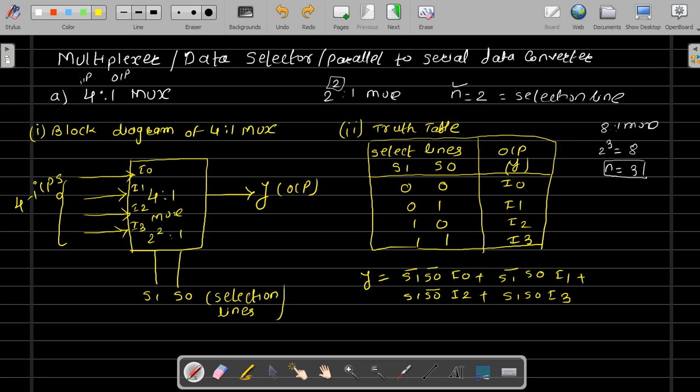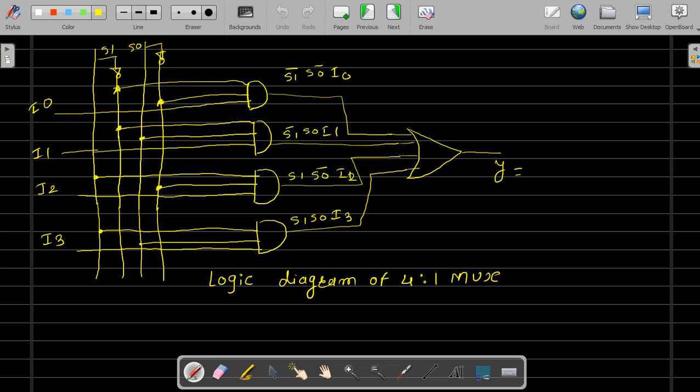Now next, we have to draw the logic diagram. For drawing the logic diagram, you need this output equation. This is the logic diagram of the 4:1 mux, where Y equals S1 bar S0 bar I0 plus S1 bar S0 I1 plus S1 S0 bar I2 plus S1 S0 I3.